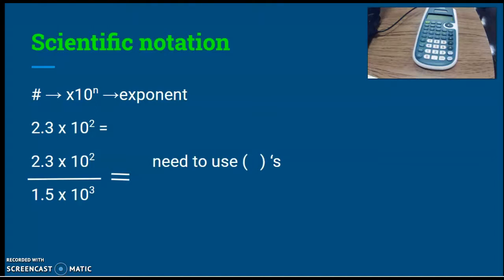So in this case, you're just going to type in the number, and then when you want to type the times 10 to the whatever, you're hitting that times 10 to the n button, and then you type in your exponent.